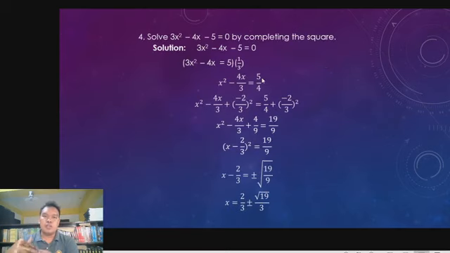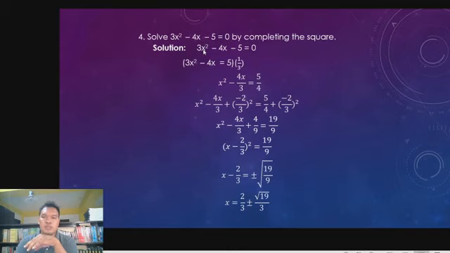Then, solve 3x squared minus 4x minus 5 is equal to 0 by completing the square. For the solution, we have 3x squared minus 4x minus 5. Completing the square pa rin pala to. So, we have 3x squared minus 4x is equal to 5 times 1 over 3. So, tatanggalin natin yung 3 dito sa x squared, no?